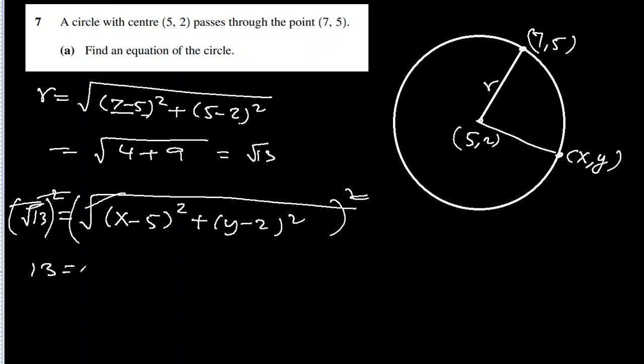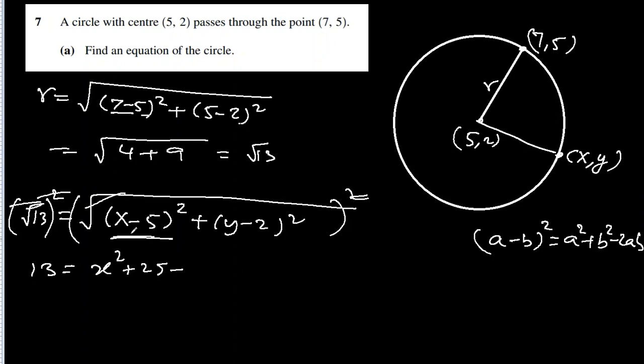So 13 is equal to, let's open this. You might know this identity: (a minus b) squared equals a squared plus b squared minus 2ab. So that's what I'll use here. x squared plus 25 minus 2 times x times 5, that is minus 10x, plus y squared plus 4 minus 4y.